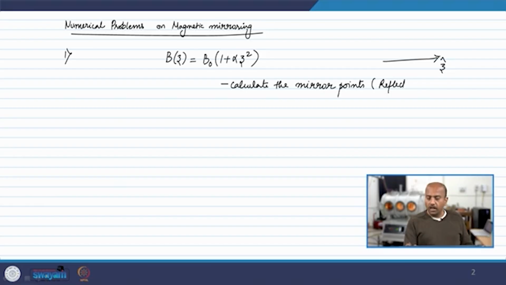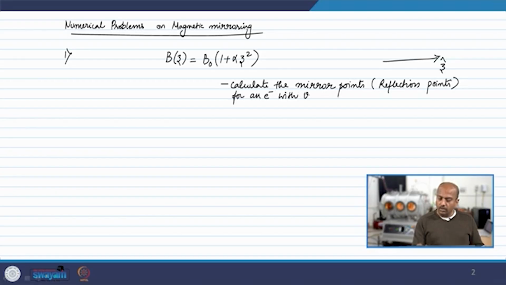Where the reflection will happen, the reflection points, for an electron with a velocity v, initially at z is equal to 0.